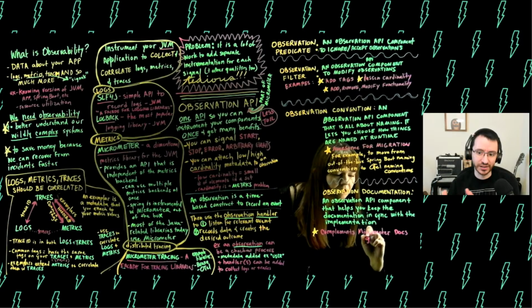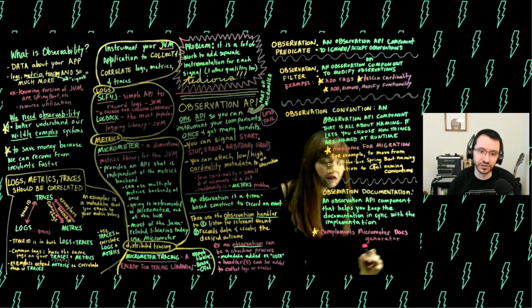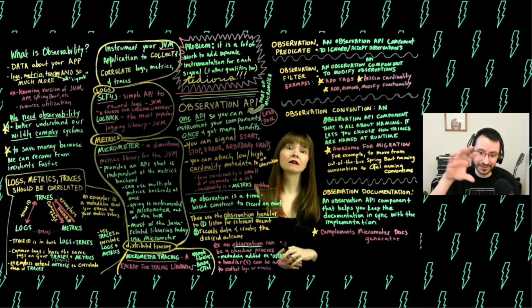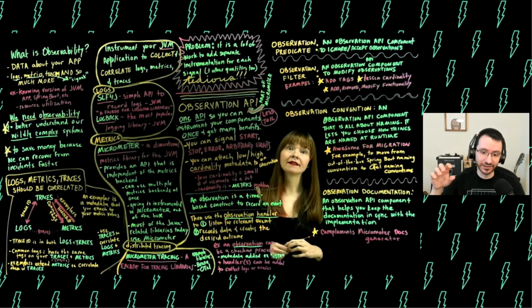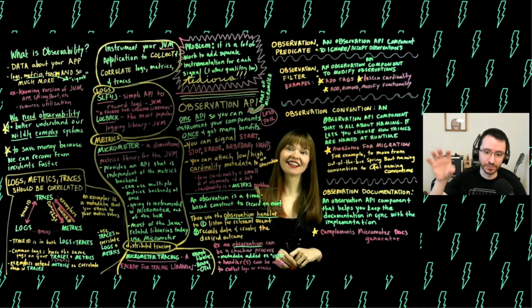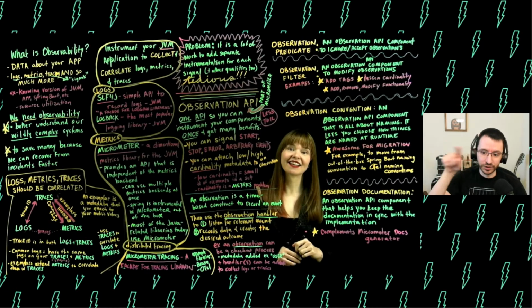And it is not just the name of them, because this is also integrated with Javadocs. If you put Javadoc comments on these Micrometer documentation components, like, hey, this is the HTTP status code documentation, whatever comment you make there will go to the HTML output.